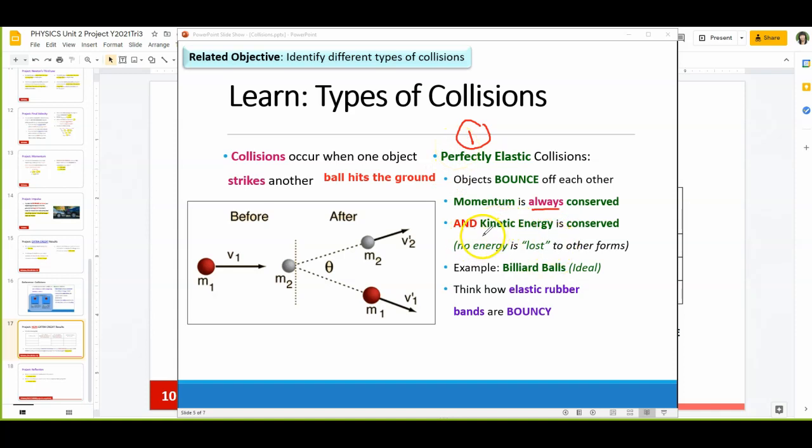However, in perfectly elastic collisions, kinetic energy is also conserved. So the energy that each object has is also conserved, or saved. No energy is being lost to any other forms.